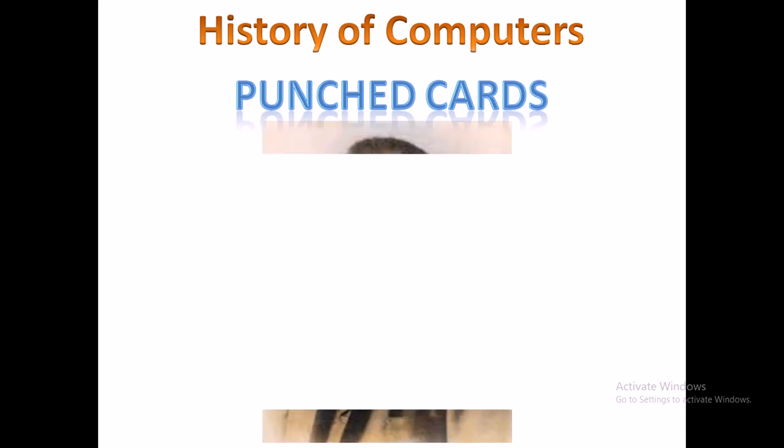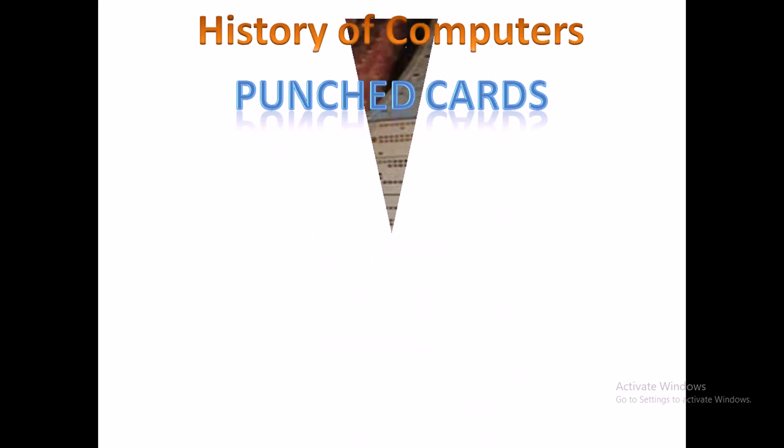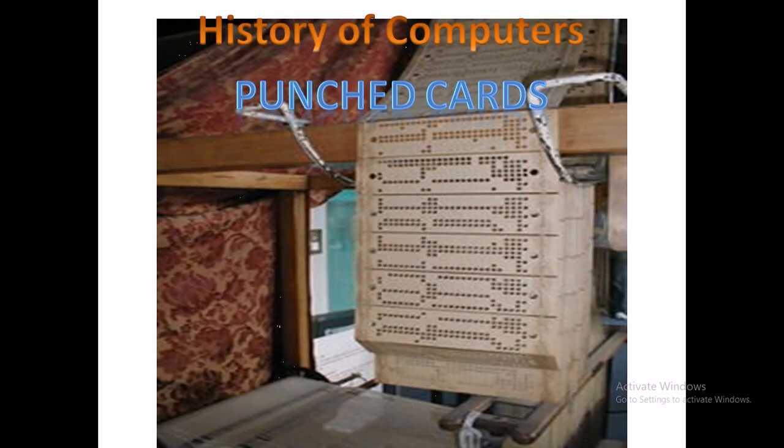In 1890, he invented punched cards. Punch cards were stiff paper with holes punched at fixed points. They were used to feed data or numbers into the machine. They were used in computers for many years since their invention.